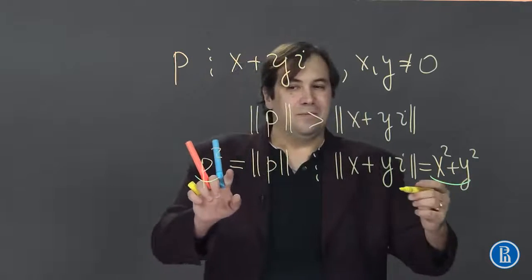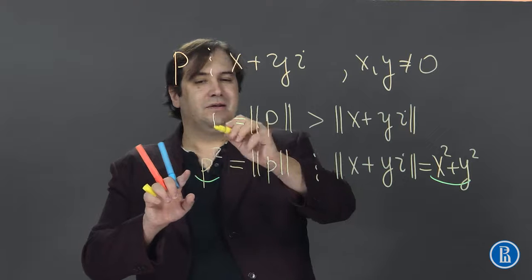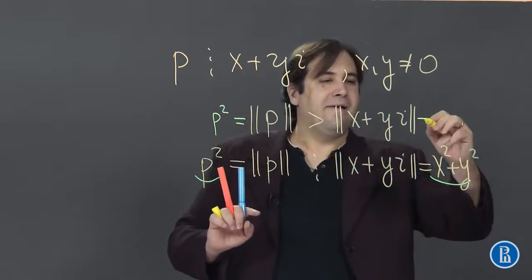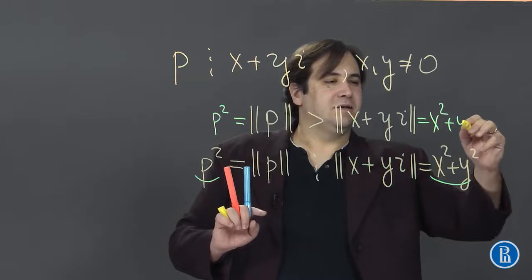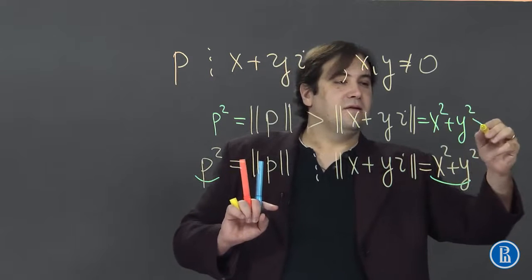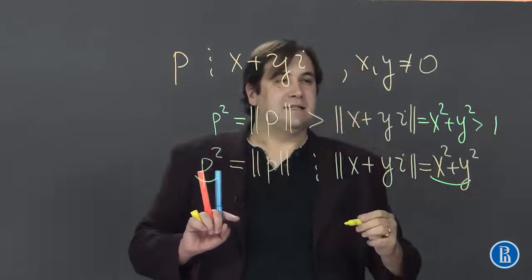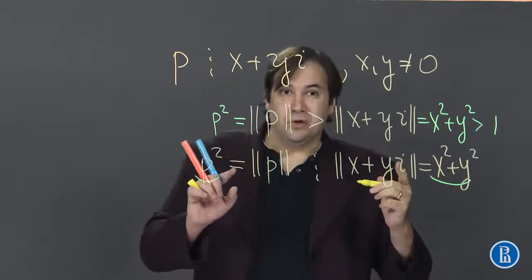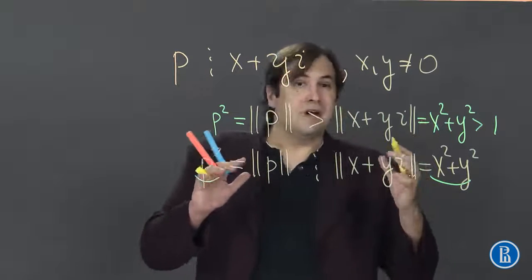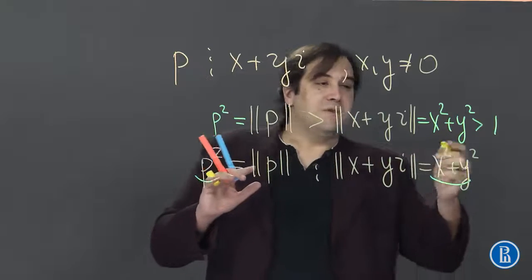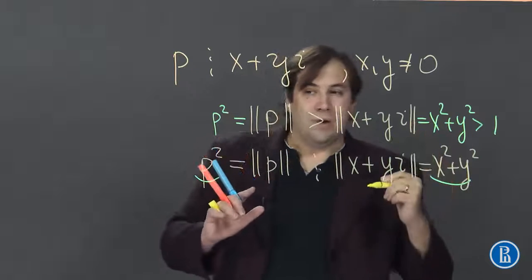And at the same time, p squared is strictly greater than x squared plus y squared, which is strictly greater than 1, since both x and y are non-zero integers, so their squares are greater than or equal to 1. So their sum is strictly greater than 1.